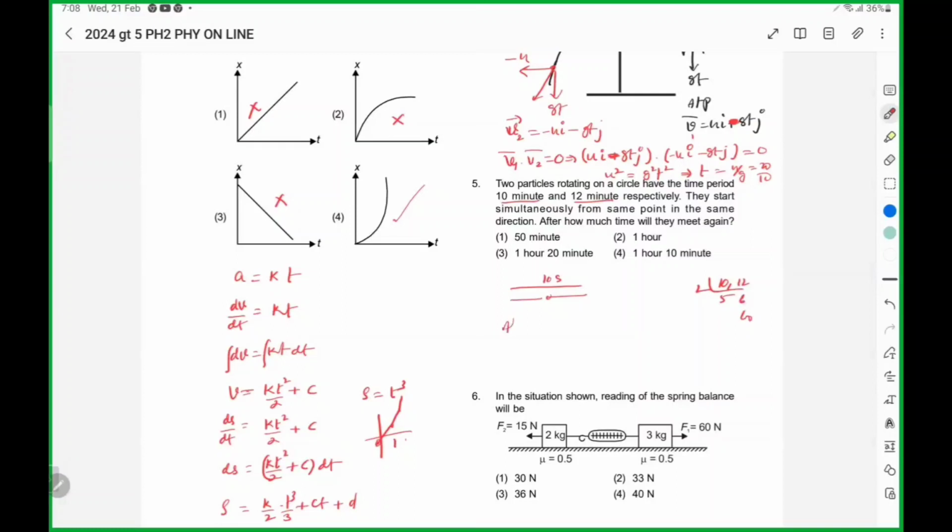So after 60 minutes, the first particle makes 6 oscillations and reaches the starting point.